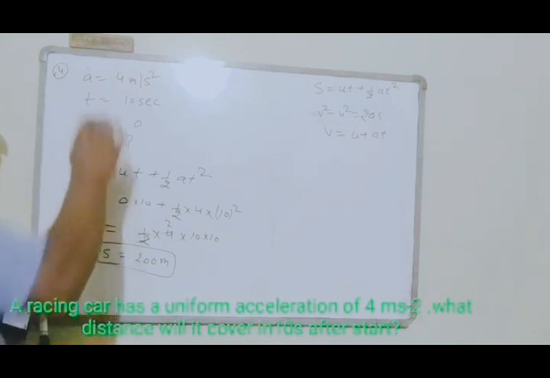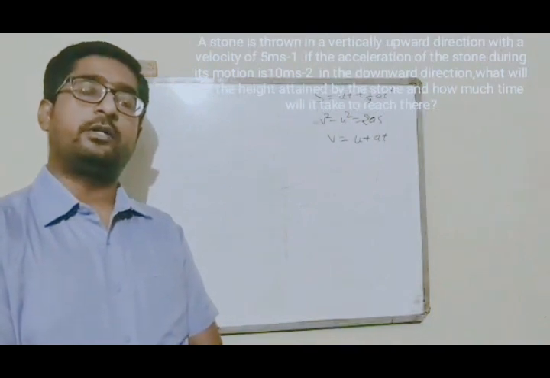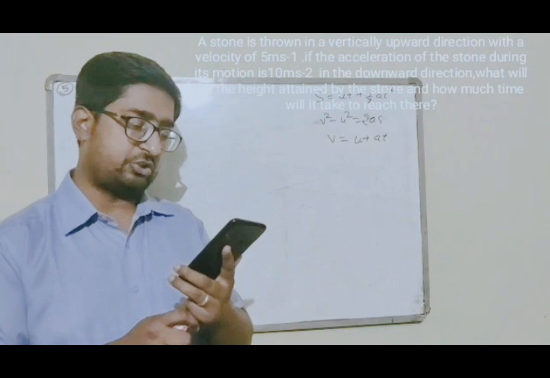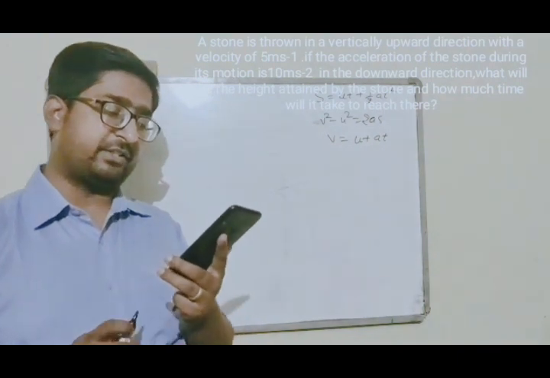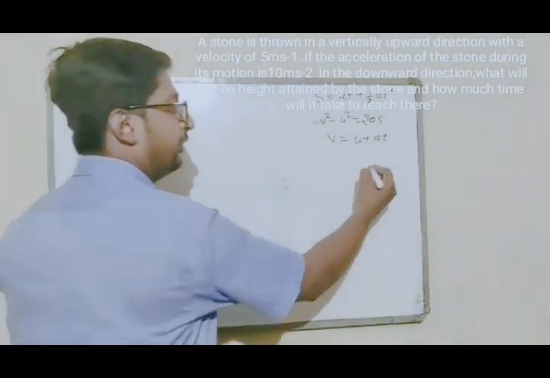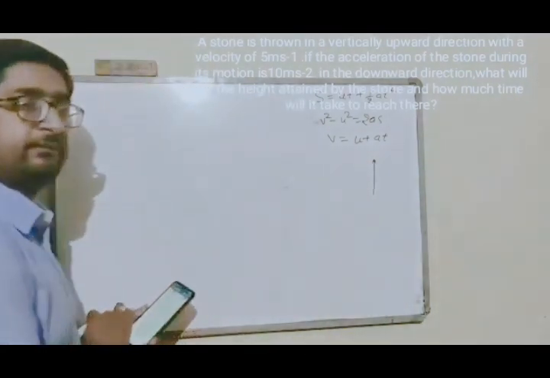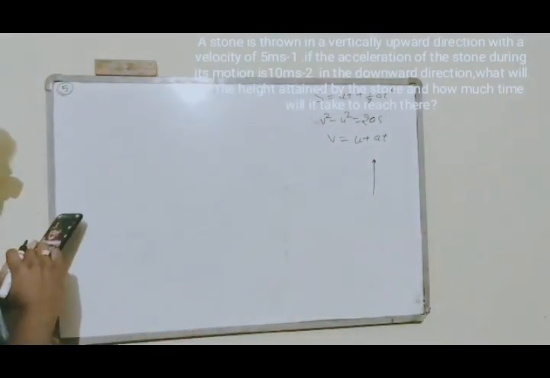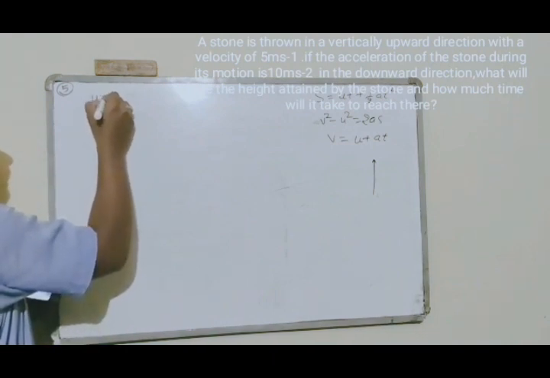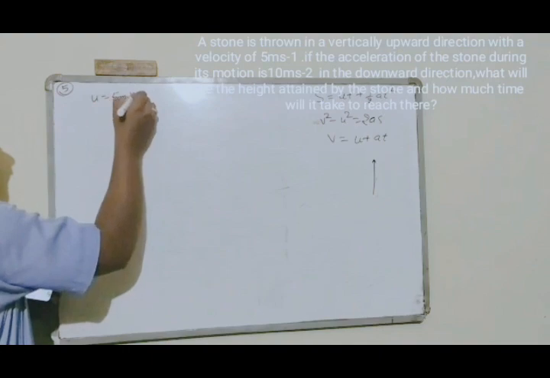Now going further, according to the fifth question, a stone is thrown vertically upward with a speed of 5 meter per second. So the initial speed of the stone is 5 meter per second.